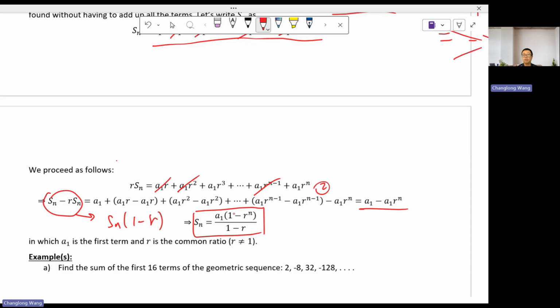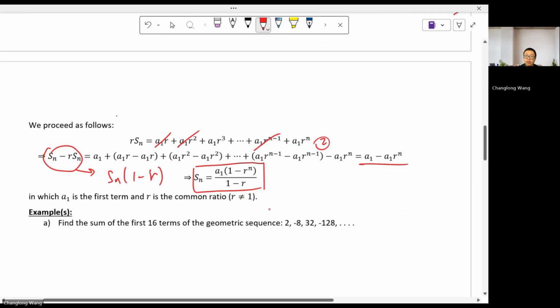But in this case, it's actually 1 minus R to the n divided by 1 minus R, okay? And things could be kind of ugly if you do this kind of division, right? Not to mention that when terms get a lot more than what you normally deal with, and if the common ratio is kind of big, you might get a large number, right? Easily beyond what the calculator can deal with, okay?